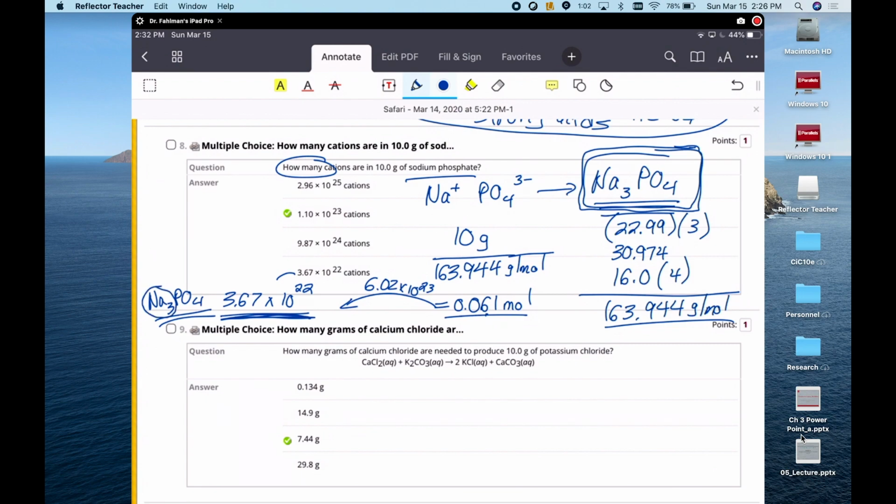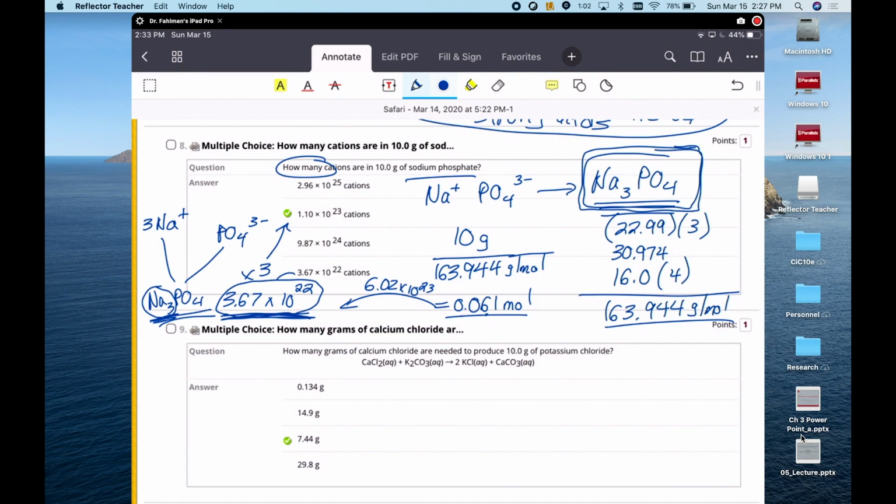For this compound, we have 3 times the number of sodium pluses as we do PO4 minuses. So this would break apart into this, and we have 3 of those. In other words, we have to multiply this by 3, which is actually that answer.